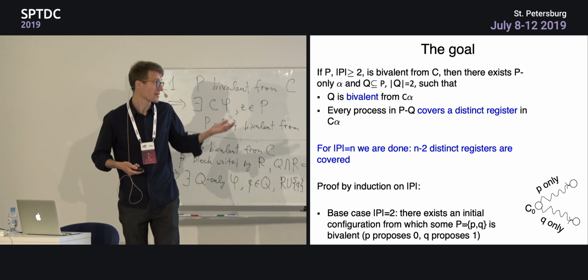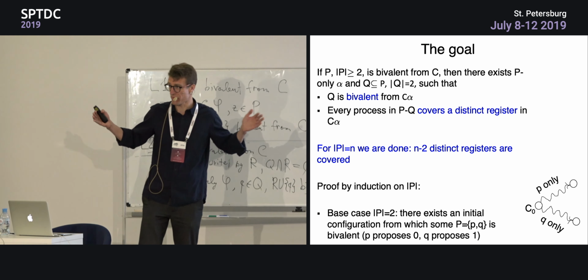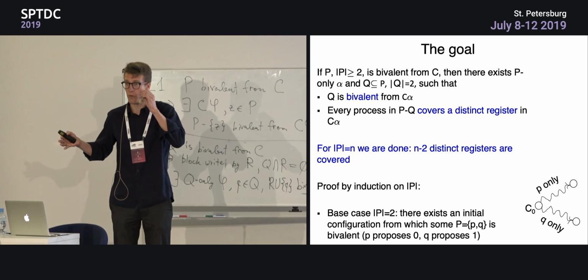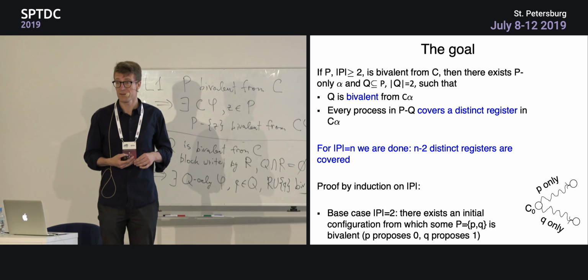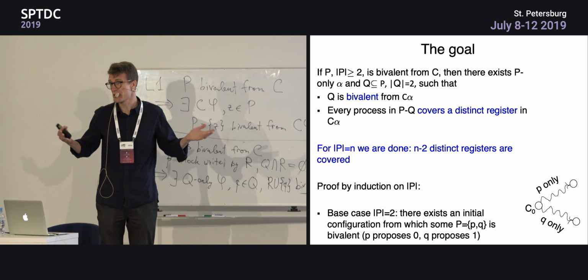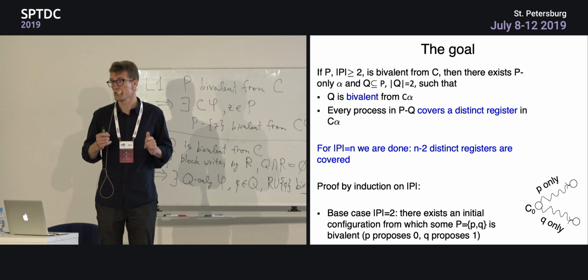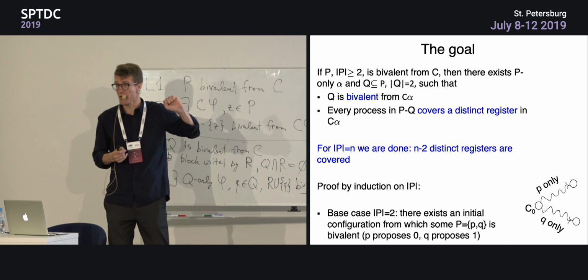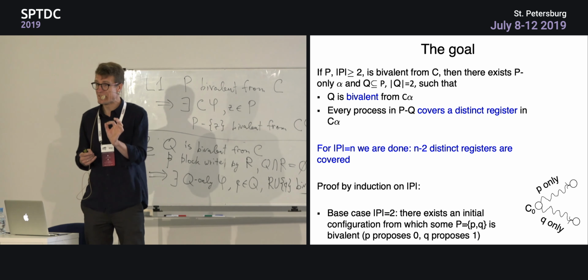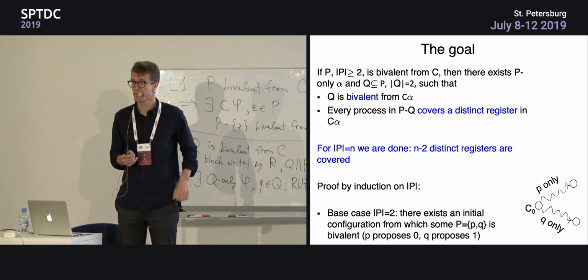Notice that if I do it for n, if I have initially a set of n processes, all performing steps, then I already cover n minus 2, which is almost what I want. So this is actually my goal: to establish n minus 2 covering and maintain this bivalency.